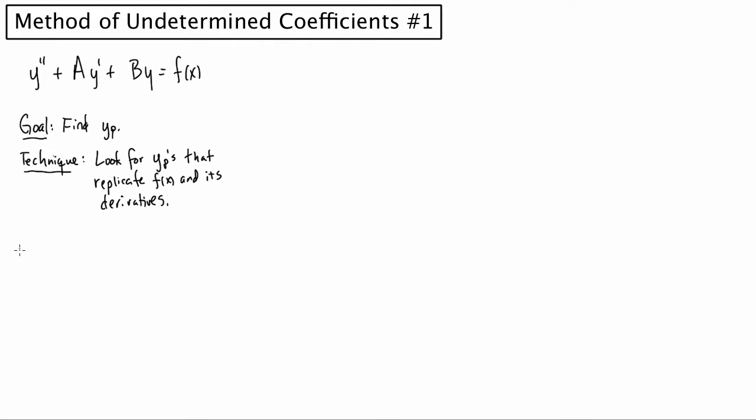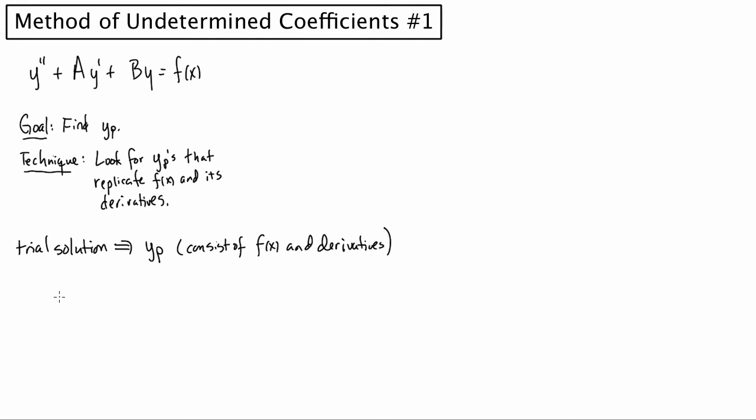So I'm going to have a trial solution, basically a guess. My guess at the solution is going to be y sub p, and y sub p should consist of f of x and its derivatives.